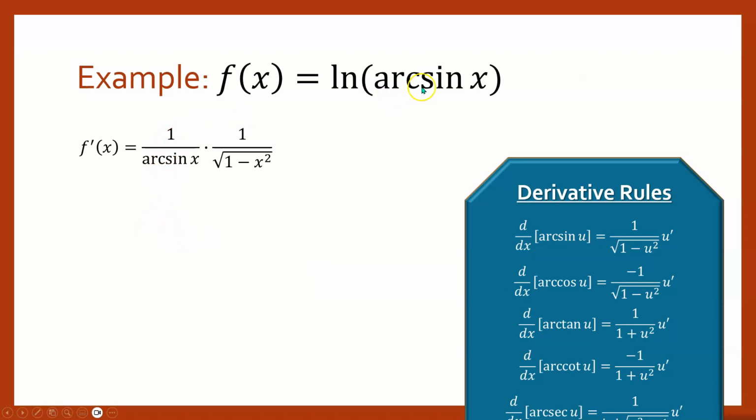So here we get 1 over arcsine of x times the derivative of arcsine of x. And that would be 1 over the square root of 1 minus x squared. And you can multiply that by the derivative of the x, but that would just be 1. So that's what we have for our derivative. We can multiply those two fractional expressions together, but we just get 1 on top over the arcsine of x times the square root of 1 minus x squared on the bottom.